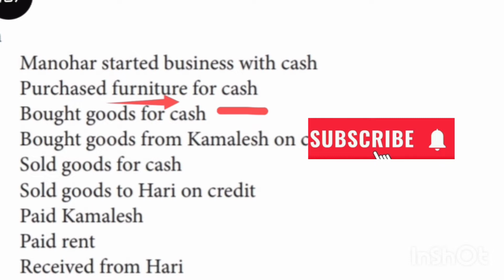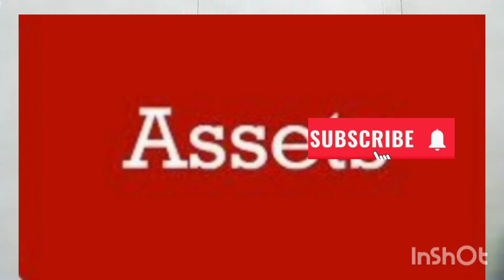So we take these two accounts to pass the journal entry. Let me see one by one. First we take the furniture account. Furniture account comes under the asset account. Cash is also an asset account. So furniture and cash both come under assets.